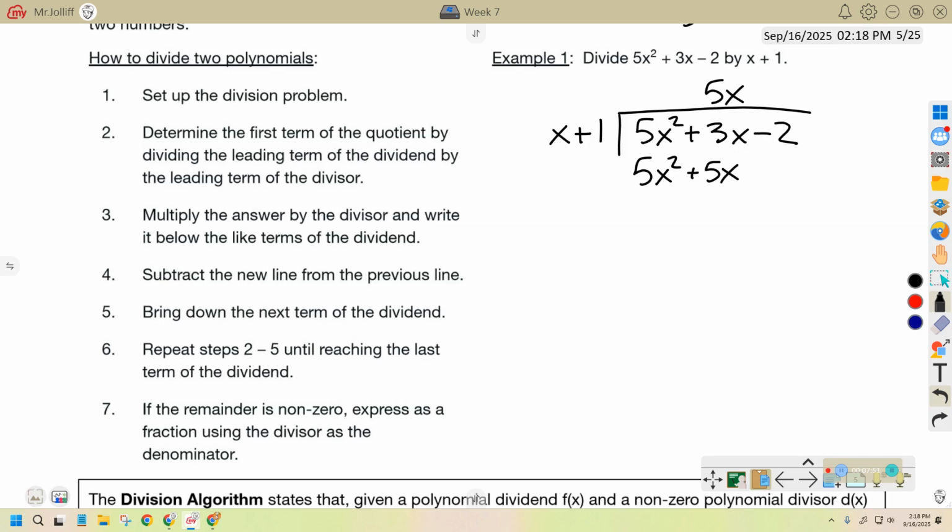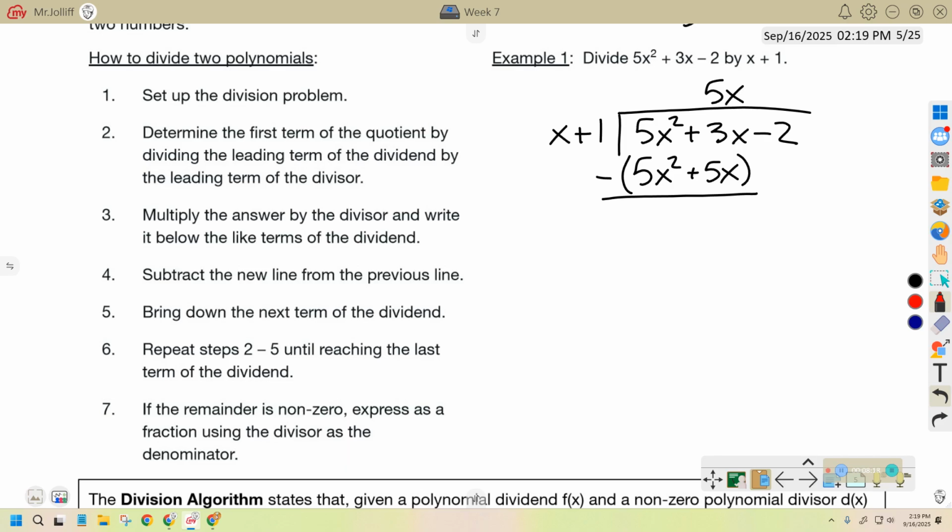Now that I've done the multiplication, what do I do with those two lines? Same step we did with the number division. Subtract. Yeah, subtract. And I'm going to put parentheses around here to remind myself that I'm subtracting each term from the one above it. Subtraction all the way across. 5x squared minus 5x squared is what? 0.